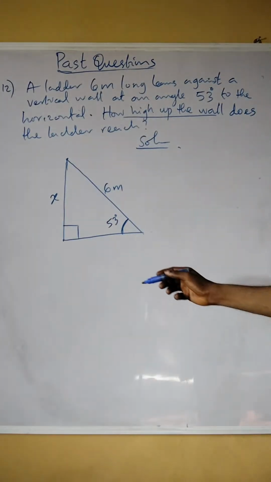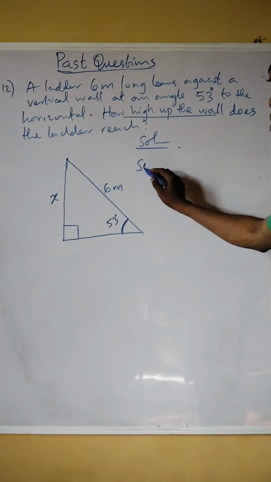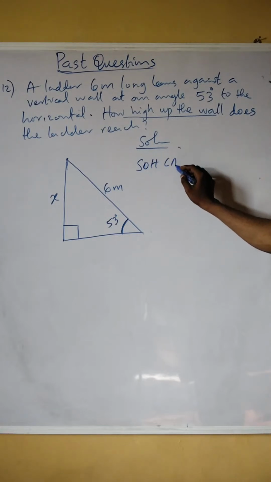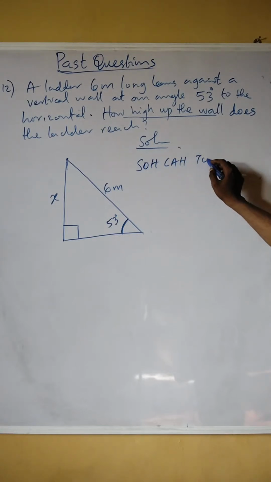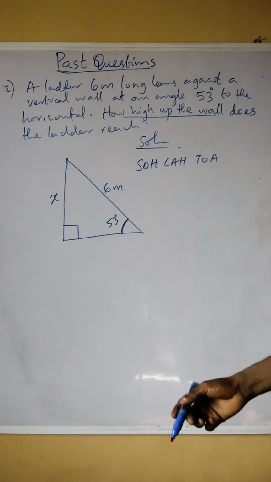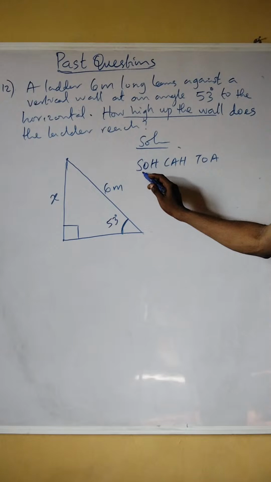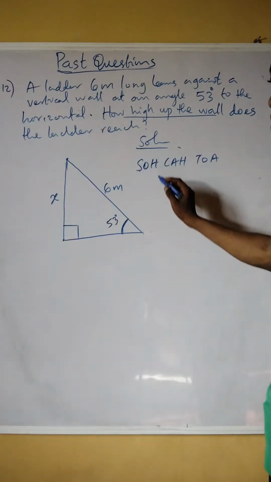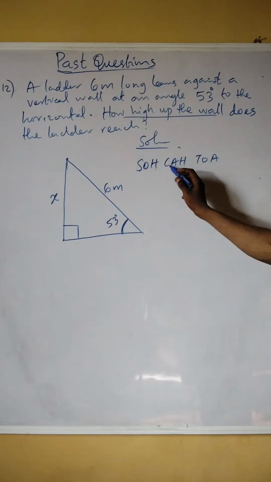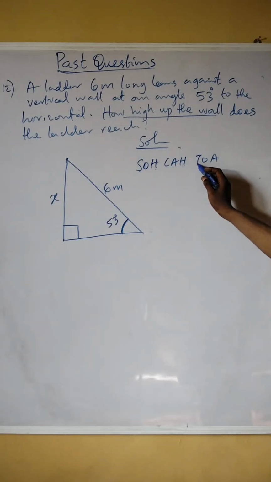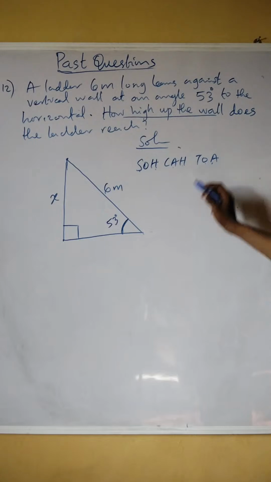Now, using the basic trig ratios, applying SOHCAHTOA, these are acronyms for the basic trig ratios. Sine stands for opposite over hypotenuse. Cos stands for adjacent over hypotenuse. Tan stands for opposite over adjacent.